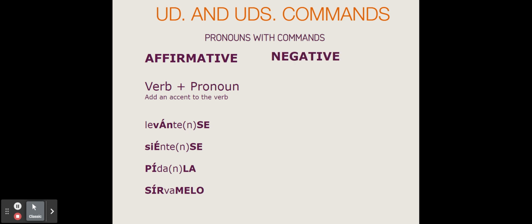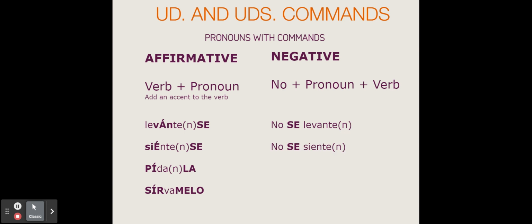Y el negativo, do you remember where the pronouns go? Muy bien. So you have the no, you have the pronoun, and then you have the command, the verb. Okay? And they do not have accents. No se levante, no se levanten. No se siente, no se sienten. No la pida, no la pidan. No me lo sirva, no me lo sirvan.